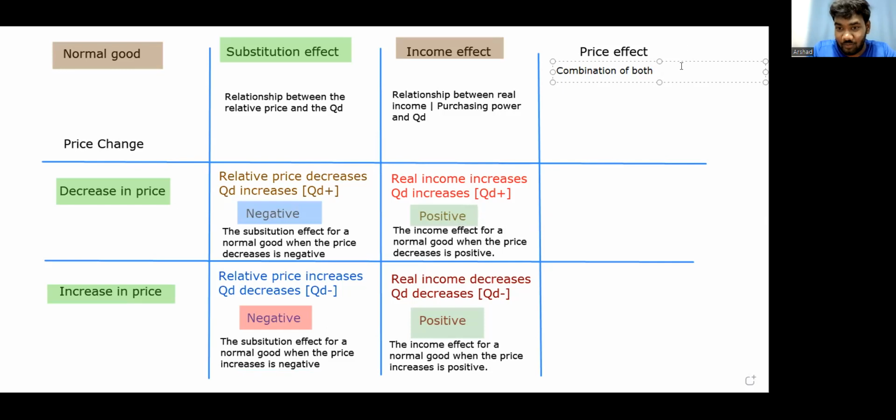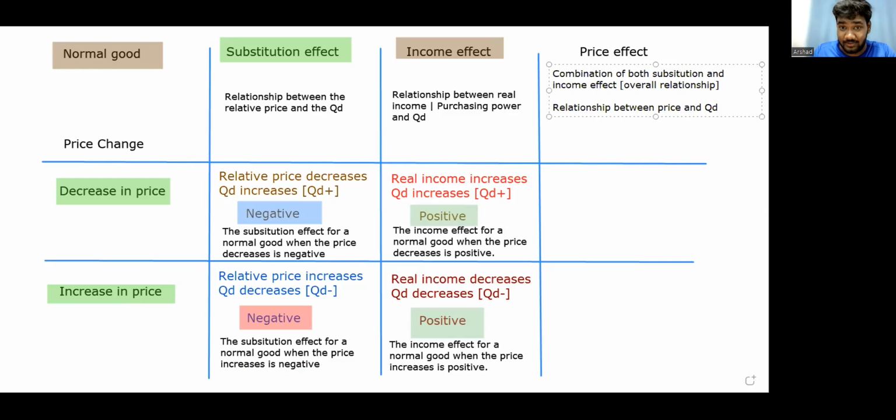So combination of both substitution and income effect. In other words, this is the overall relationship. So here we focus on the relationship between price and quantity.